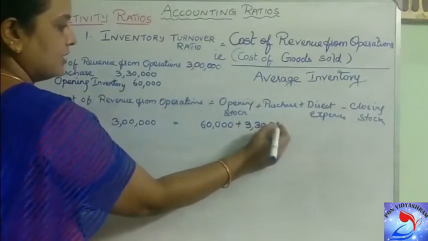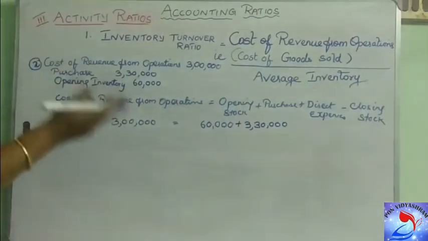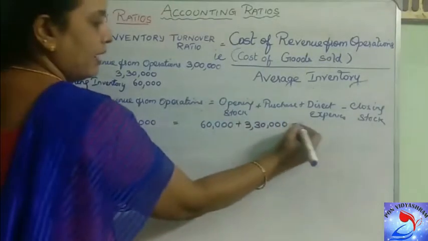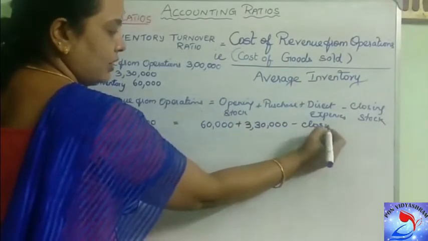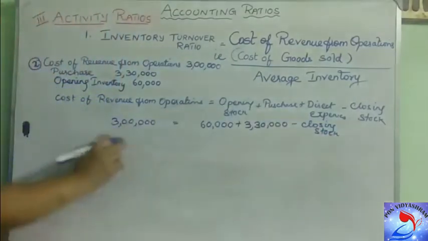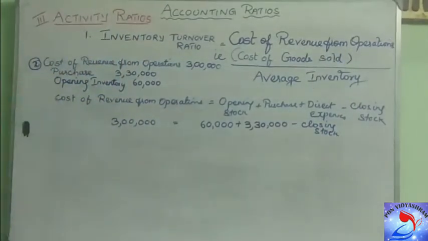We don't have direct expenses, so it is not required to take them. We need to find out the closing stock here, so can we bring the closing stock here and the cost of revenue from operation over there? Yes, we can do it.